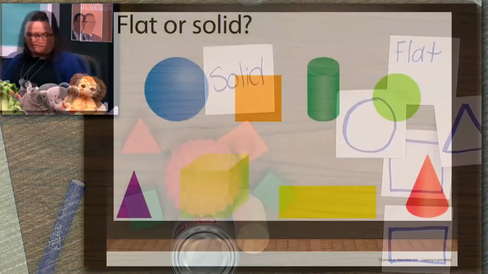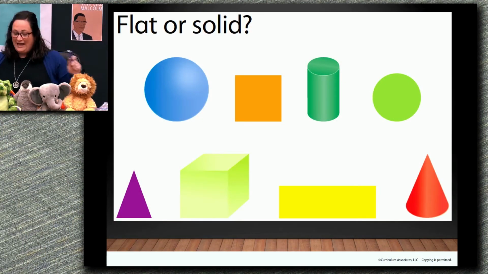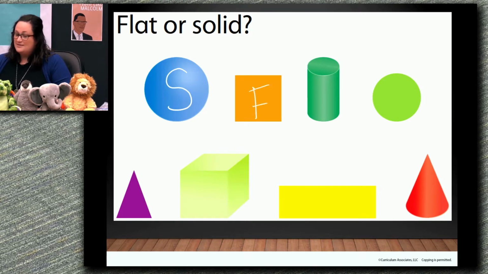Now we're going to go through and you're going to tell me, is it flat, and I'm going to put an F on it, or is it solid, and I'm going to put an S on it? Are you ready? Sphere, solid or flat? Solid. Square, solid or flat? Flat. Cylinder, solid or flat?